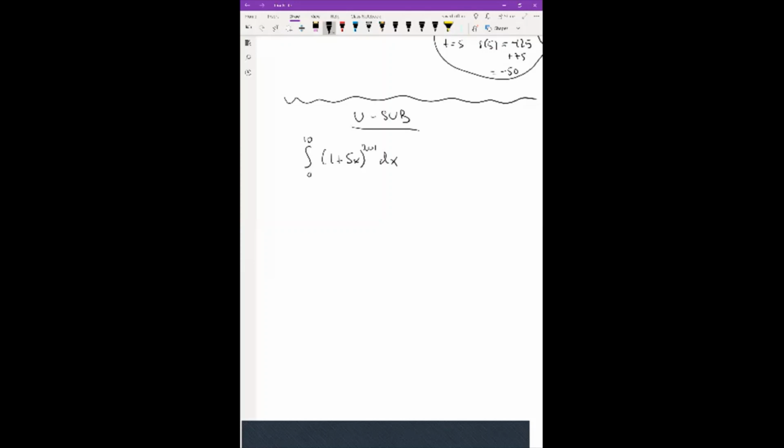And the U substitution there is you pick U equal to 1 plus 5x. I think that's the only reasonable choice in this case. Then you have du dx is equal to 5, or 1/5 du is equal to dx.